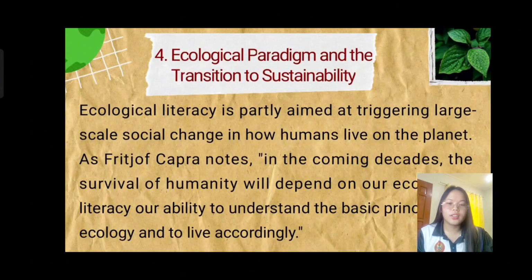So, ecological literacy is just like a guide for big changes in how we do things, ensuring we live in a way that keeps our planet healthy and makes sure we can continue living here.